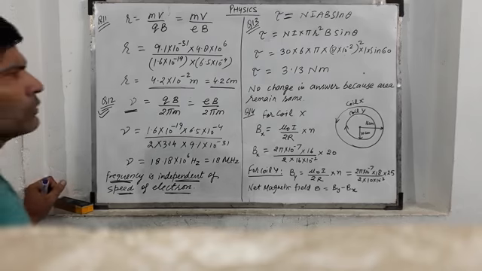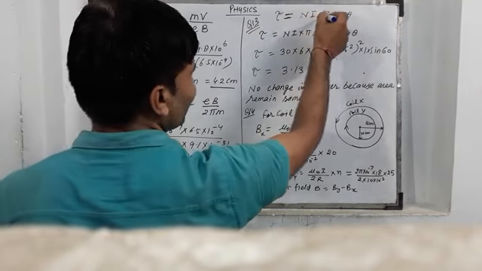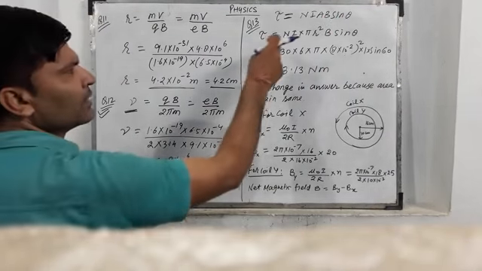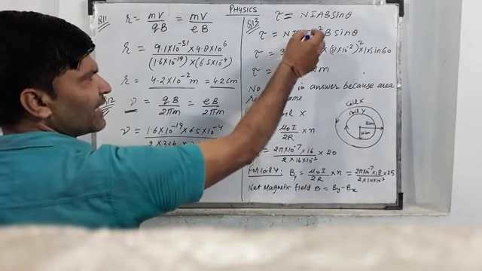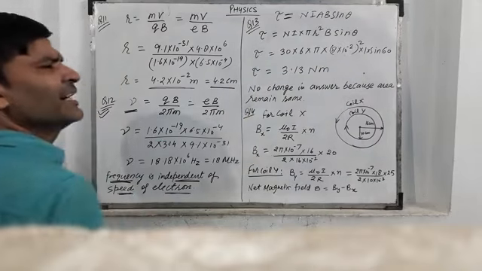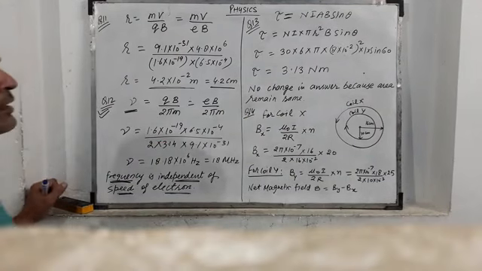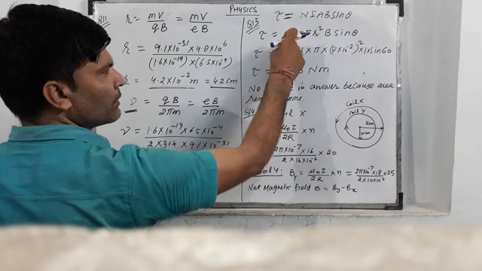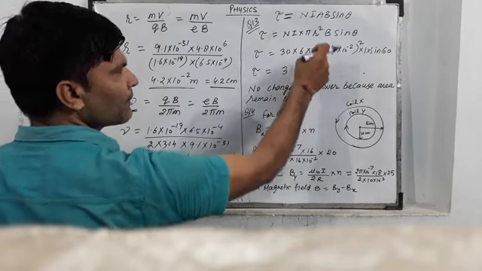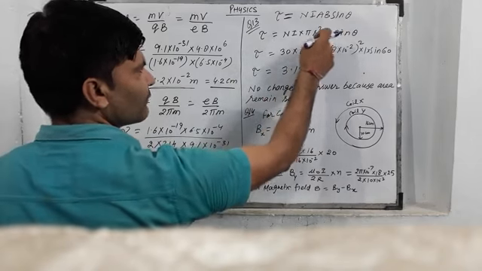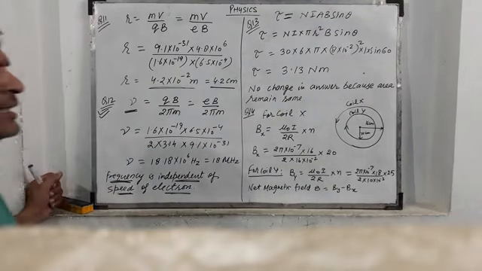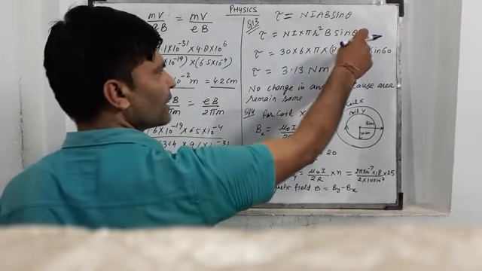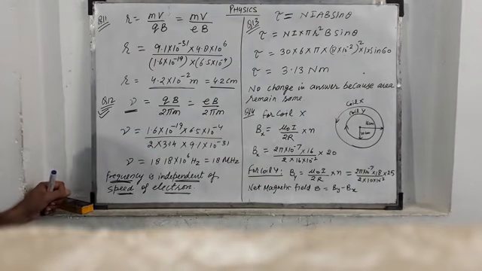So we have tau is equal to NIAB sin theta, and because there is a circular coil, we have pi r square, the area of the circle, in place of A. Now by putting in the values we get number of turns 30, current is 6 ampere, radius of the circular coil is 8 centimeter, converted into meter, so 8 times 10 to the power minus 2 whole square.